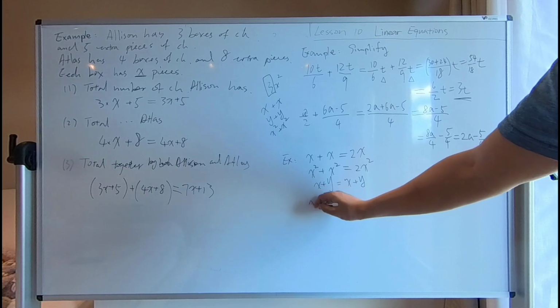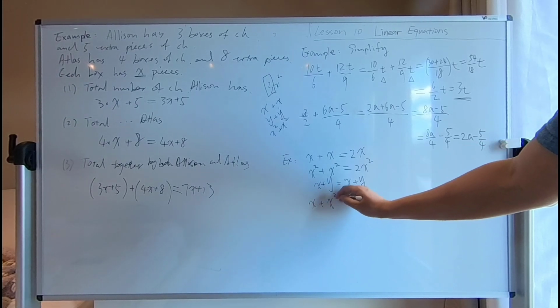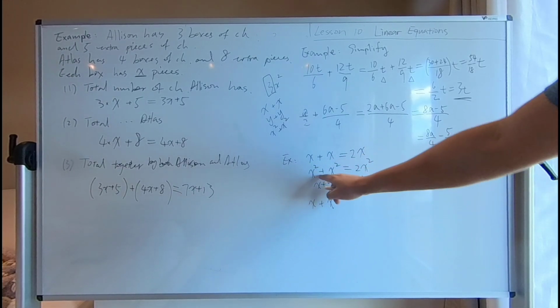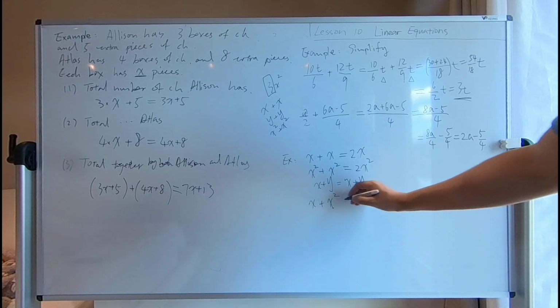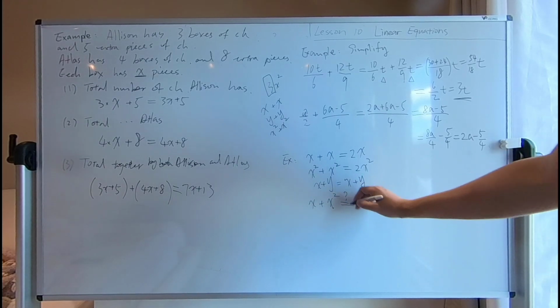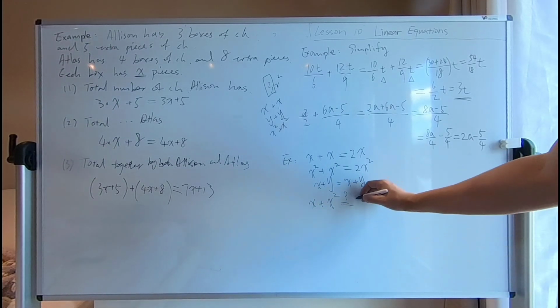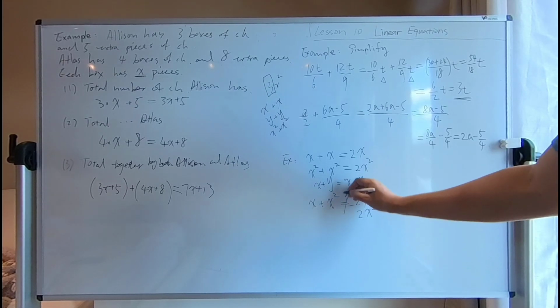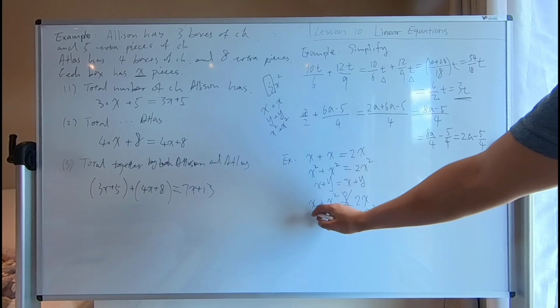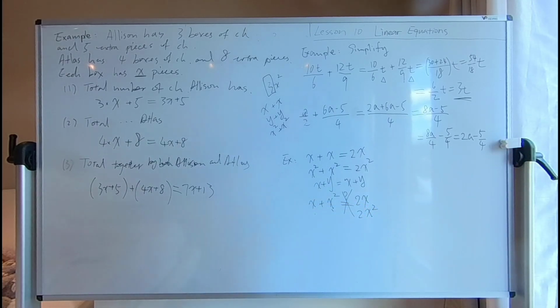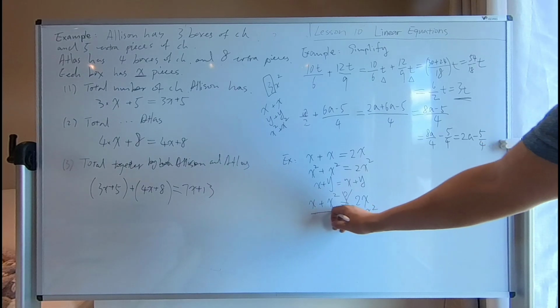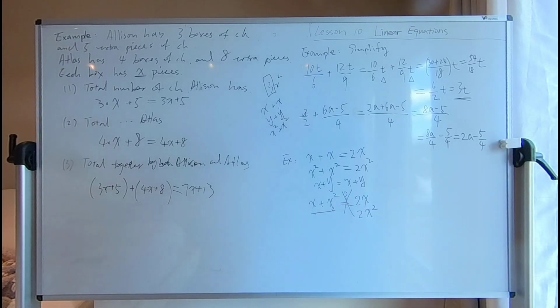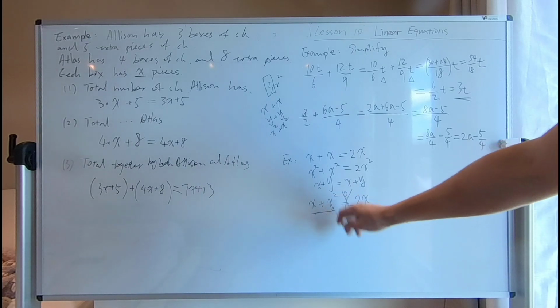So what happens if I have x plus x squared? x plus x is 2x. x squared plus x squared is 2x squared. So x plus x squared is neither 2x nor 2x squared. None of them are true. You simply cannot put them together. So x and x squared are two different terms, and in this case there's no further way to simplify. They should stay apart as x and x squared.